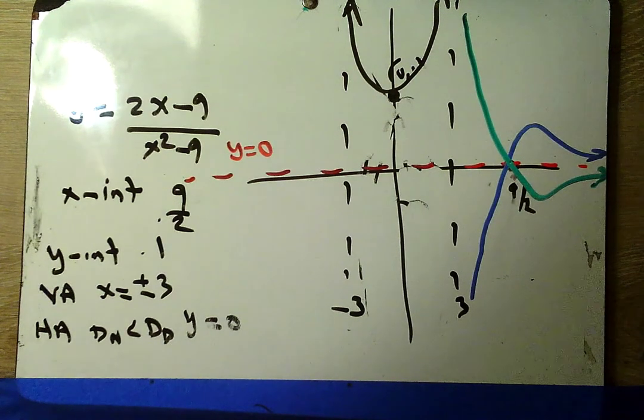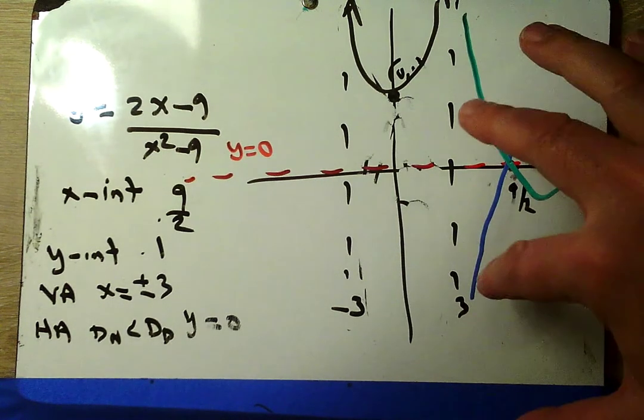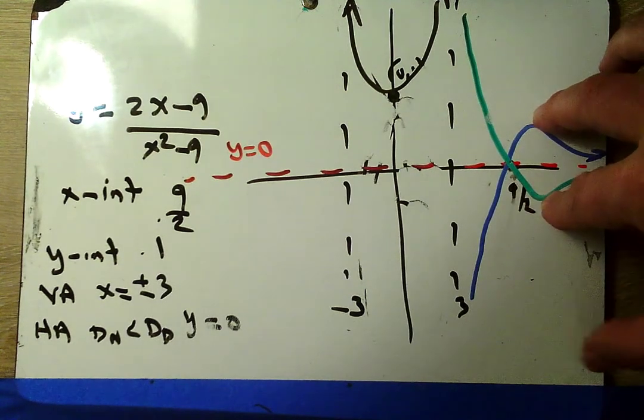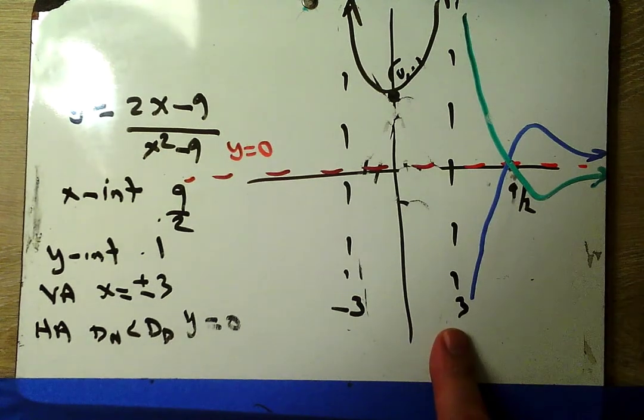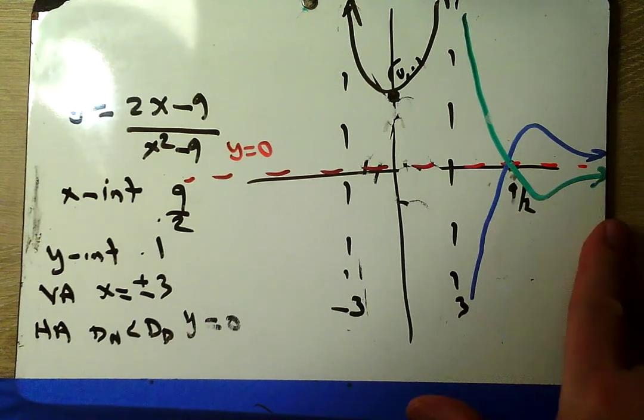The only thing I can do is test a point. Sometimes I find it convenient to test a point over here, sometimes over here. I don't really care, as long as we're looking to the right of x equals 3, and I want a number between these two numbers or to the right.